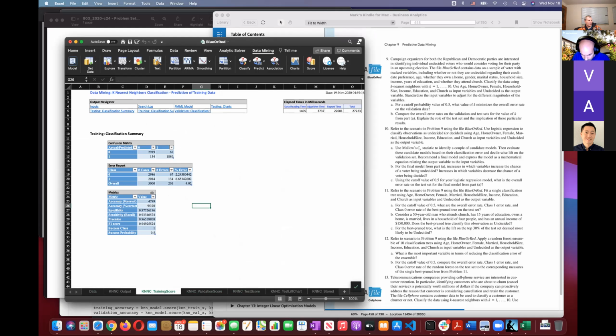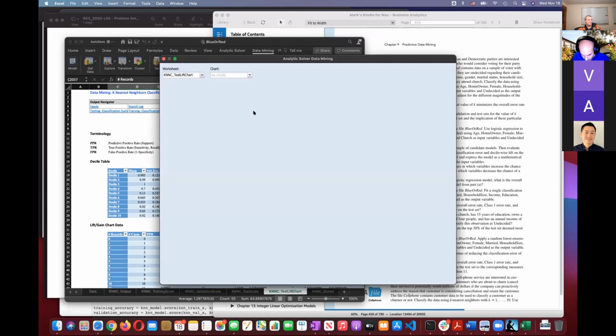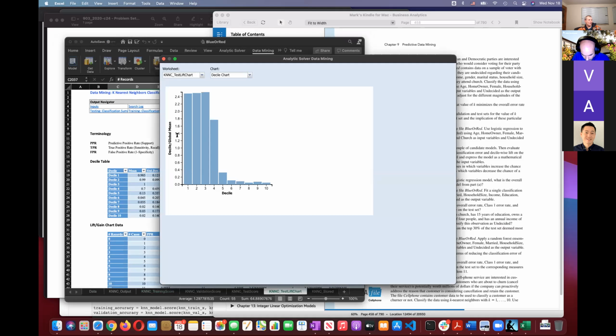So the accuracy, whatever it's doing is fine, but these percent errors are getting worse, but slightly worse. And we can look at the tests at the lift chart, decile chart, everything above 1. And it does seem to get better as it goes along.